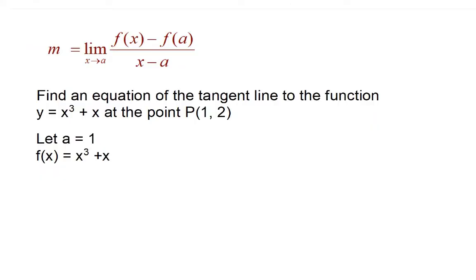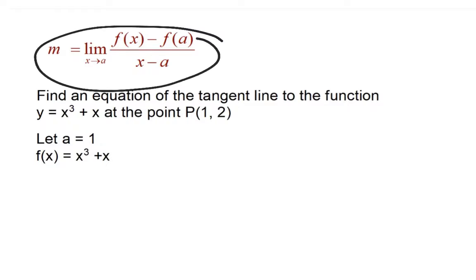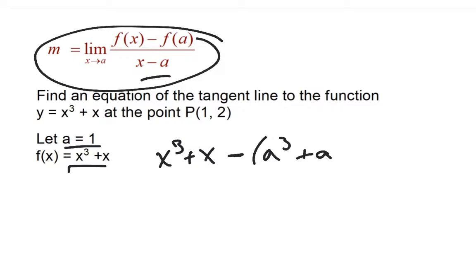We're going to use this: the limit as x approaches a, so as it gets smaller and smaller, of f of x minus f of a, all over x minus a. So let's look. If a equals 1, and our function is x cubed plus x, so f of x is x cubed plus x, and f of a, we're just going to plug in a, so a cubed plus a, all over x minus a.